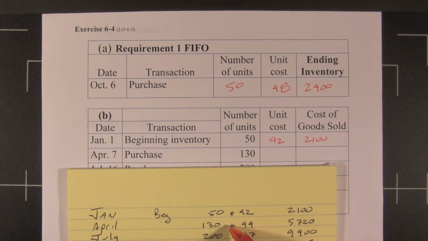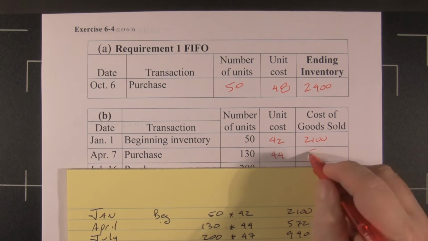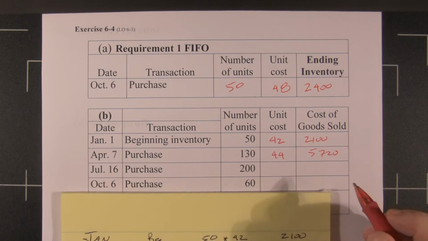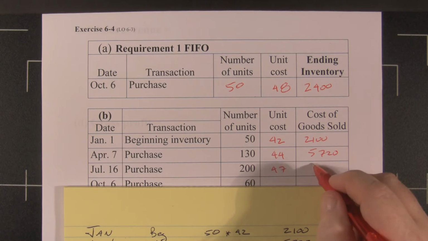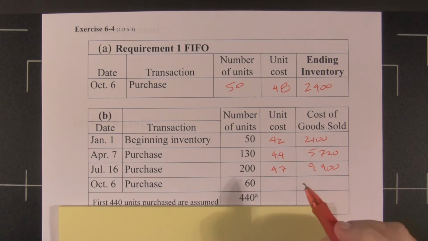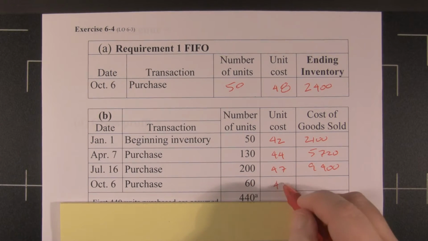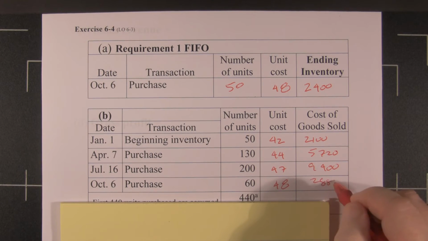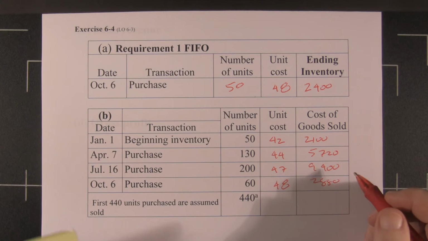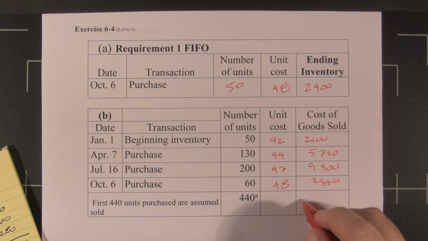We sold these 130 units at $44 each. We sold these 200 at $47 each. And we sold these 60 at $48 each. That's $2,880. So if you add those all together, the total cost of goods sold was $20,100.